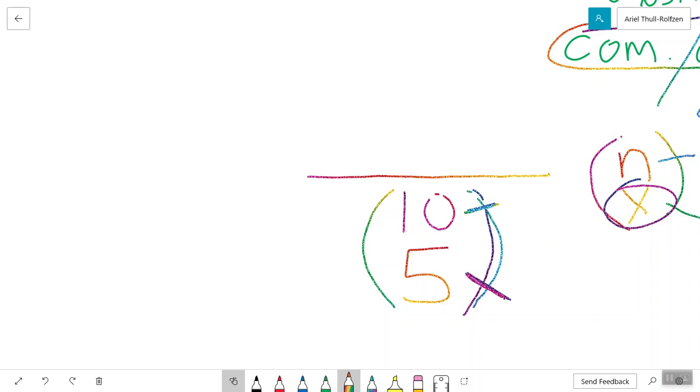And the reason this is in the denominator is because we have to take into consideration the total number of ways there are to draw a committee of 5 out of a total of 10 people. And that's what a combination does. It's a function on your calculator, or you can do it by hand, that says, if I have a really large population of 10, and I want to draw 5 people from that 10, I need to know the total number of ways that I'm able to draw 5 people out of a total of 10 people.